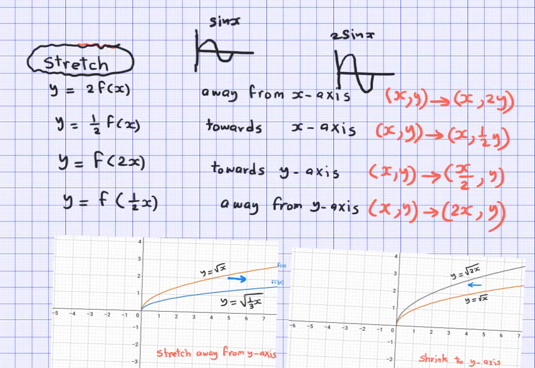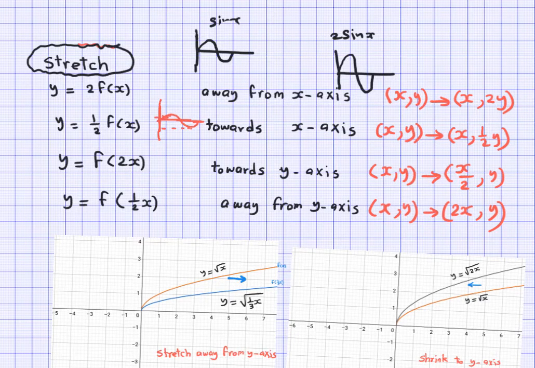Move away from the x-axis. If we multiply by half, this moves towards the x-axis. For example, if we have sine x and we multiply by half, we get this function. The new function will be closer to the x-axis, because the maximum will be half and the minimum will be negative half.